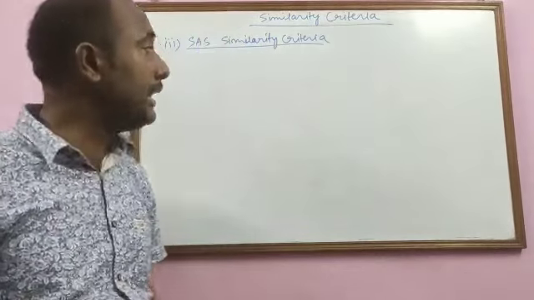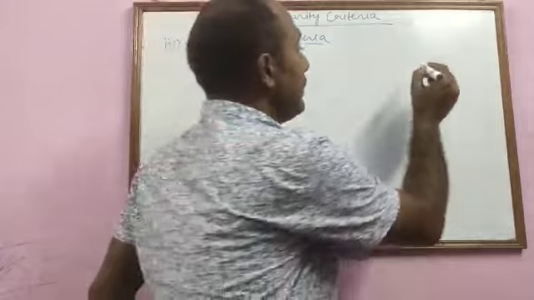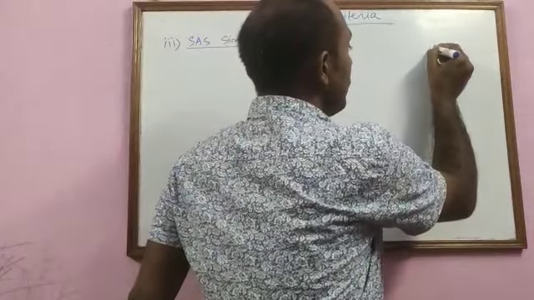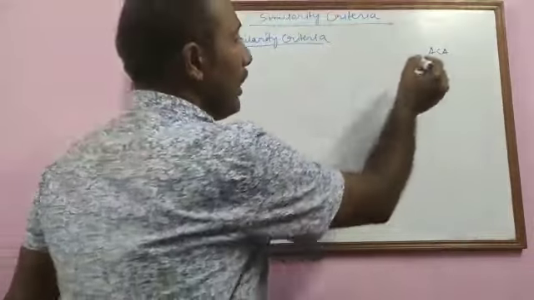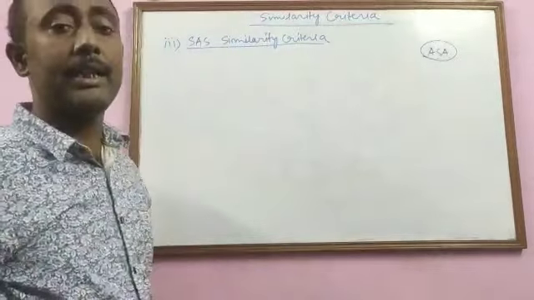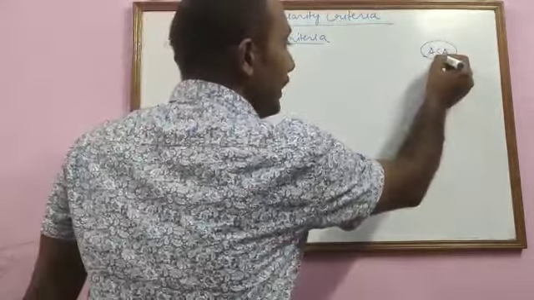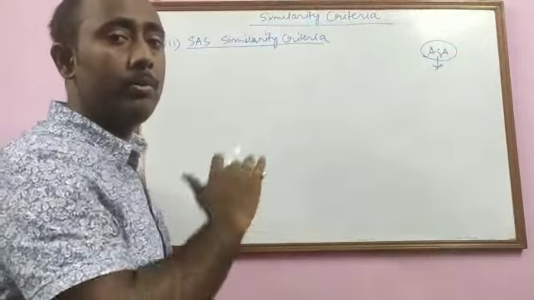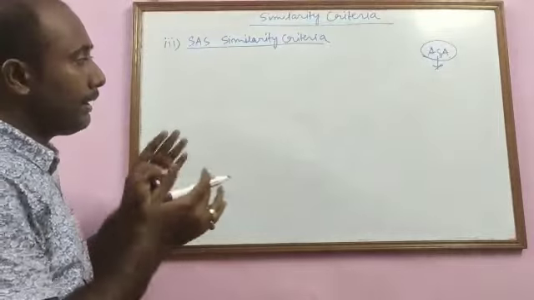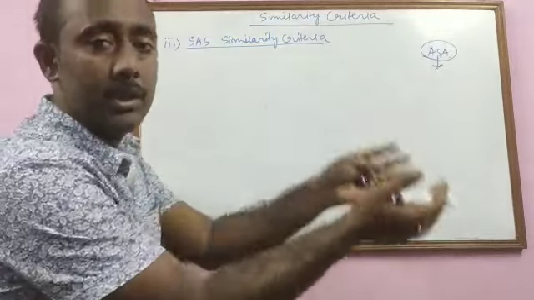While in congruency, one condition was ASA, one side and two angles. But in similarity, you have no such kind of criteria, because if you take only one side, the other side is not there. So how will you compare the ratio, whether the ratio is equal to which other one?